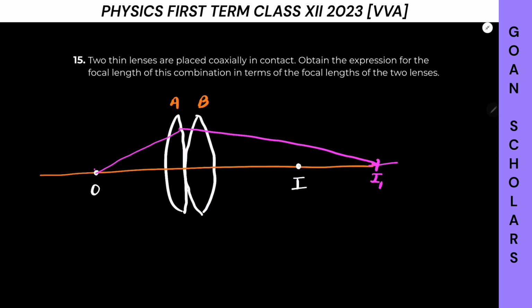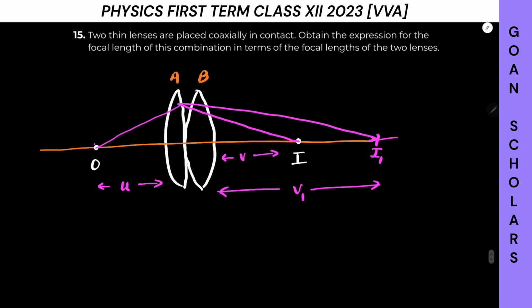But due to multiple refractions, there are 4 refracting surfaces, rarer to denser, denser to rarer, again and again, so the image shifts from I1 to the final image. The object distance is U, V1 is the image distance for lens A, and V is the final image distance. The image formed by the first lens always acts as an object for the second lens.